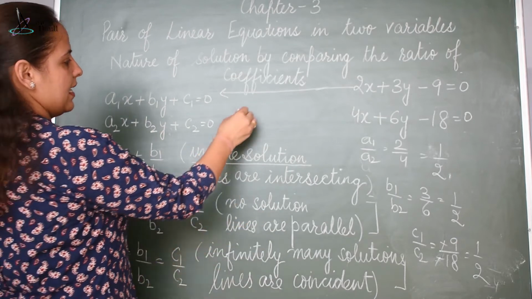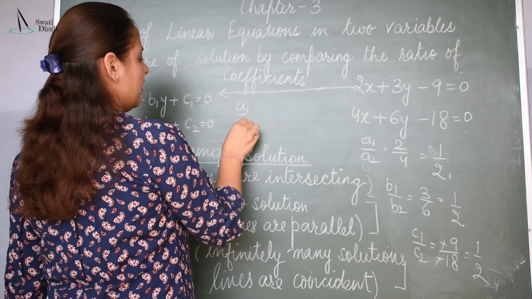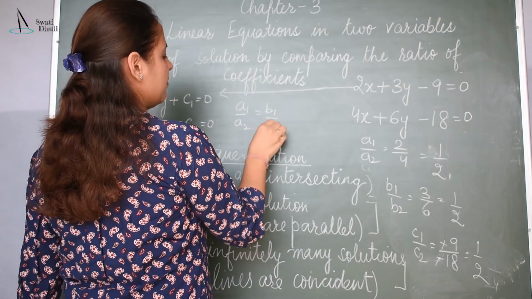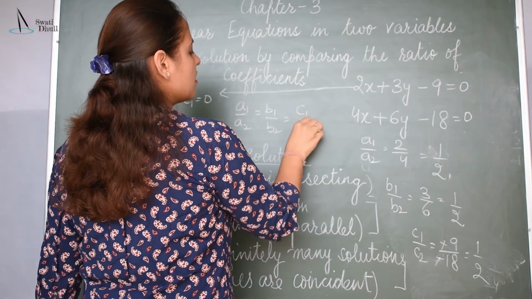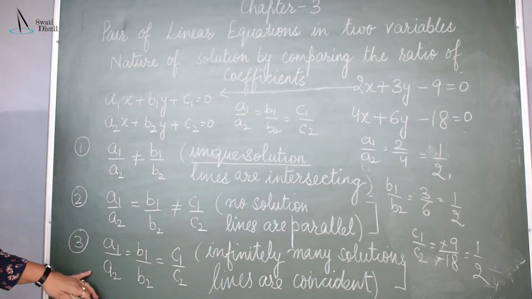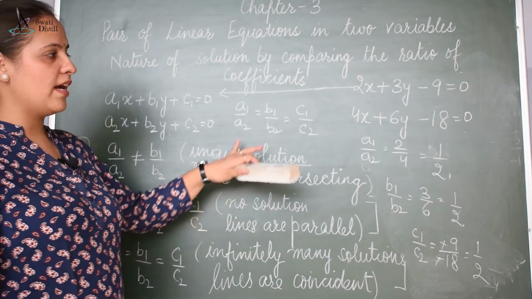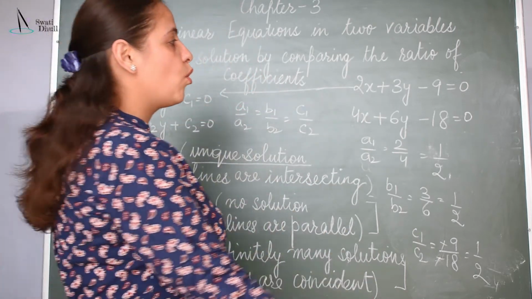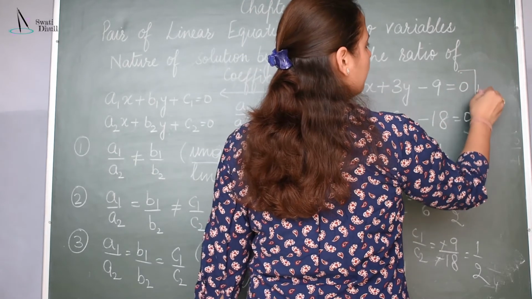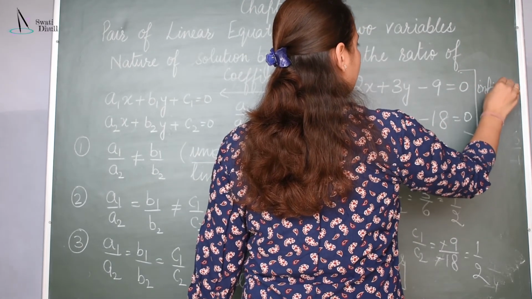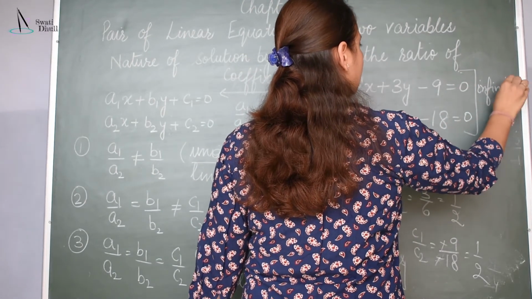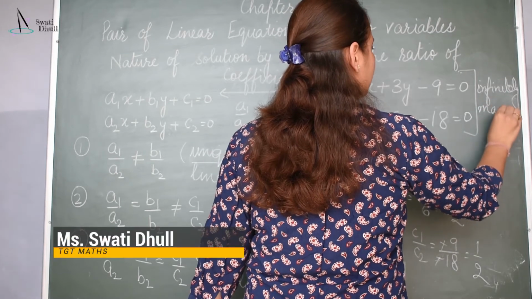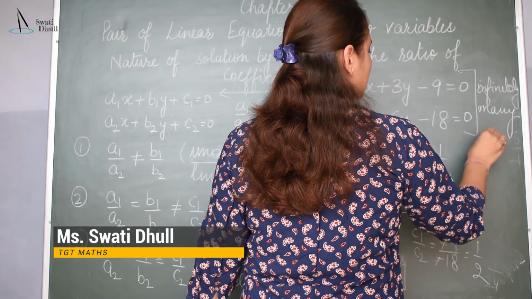So in this case, a1 by a2 is equal to b1 by b2 is equal to c1 by c2. So this is the third case. So there will be infinitely many solutions and the lines are coincident.